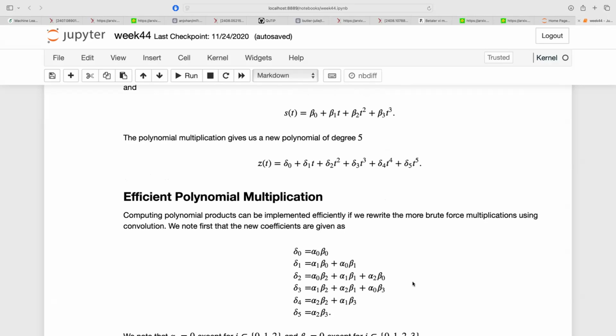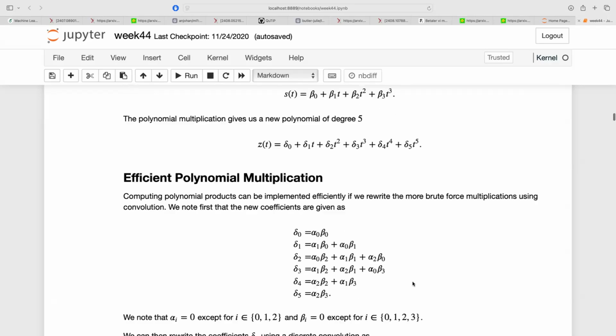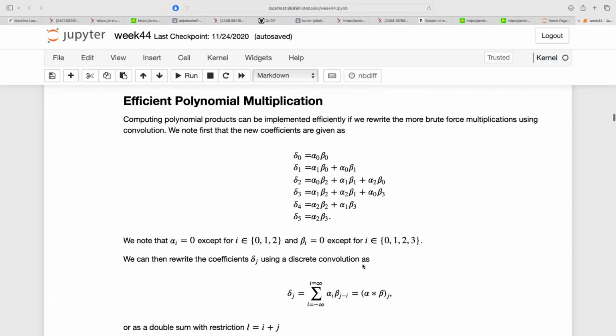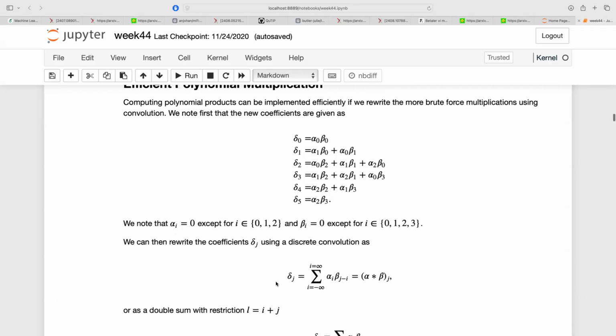And we can write this in a general way without thinking. And the way we can do that is simply to note that alpha I is 0, except for 3 cases, and beta I is 0, except for 4 cases, because this is a third order polynomial. The last one, we can write this delta J in this way, as you see here.